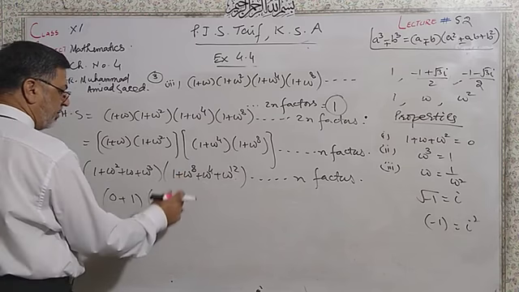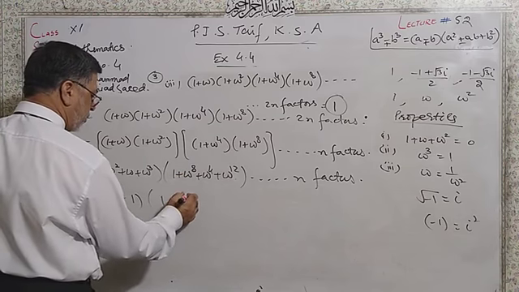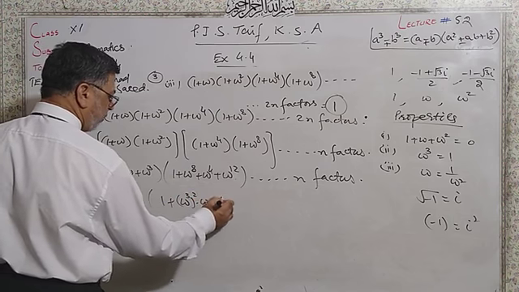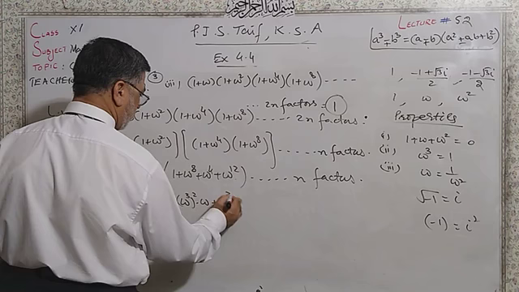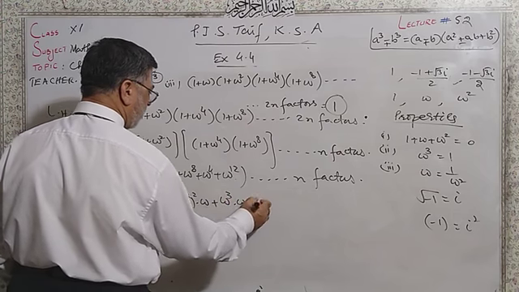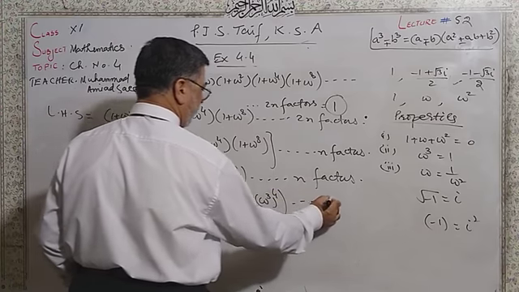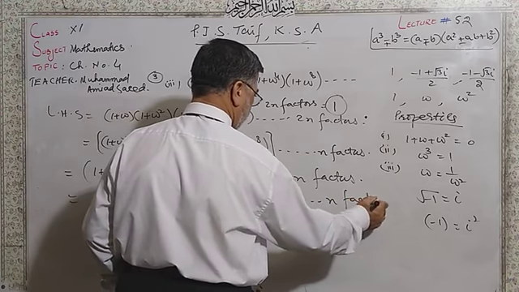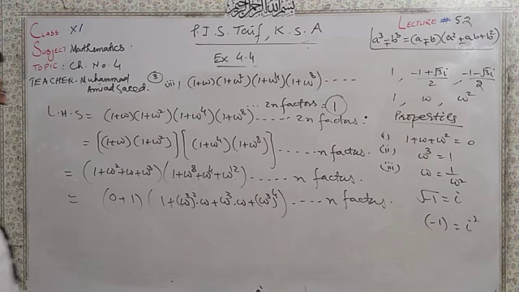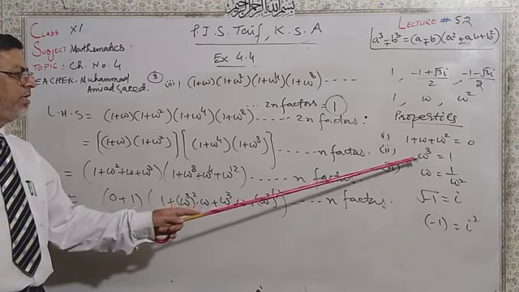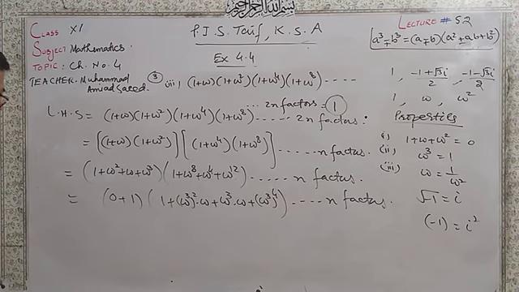Remember that omega 8 can be written as omega cube square into omega. Omega 4 can be written as omega cube into omega. Omega 12 can be written as omega cube power 4, up to n factors. Dear students, we have written in terms of omega cube so that we can apply 1 in place of omega cube.